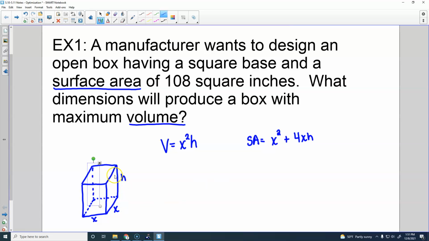Then you've got 1, 2, 3, 4 lateral sides, those sides that are up and down, and each one of those is going to be x times h. And there's 4 of them, so we have 4 here. If this box had a top, had a lid, what would we have to do? We'd have a 2 in front of our x squared, but it does not, so we do not put that there. And this is 108.